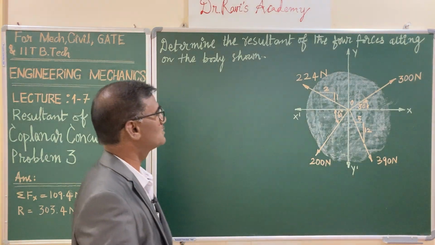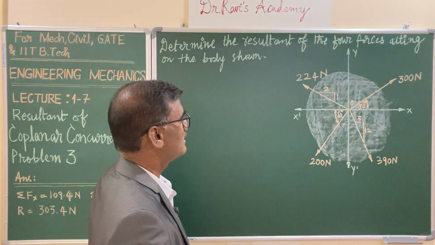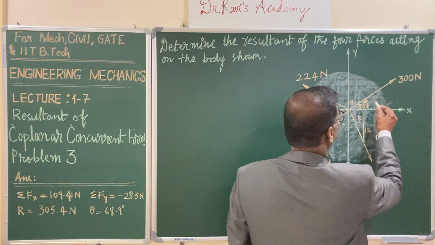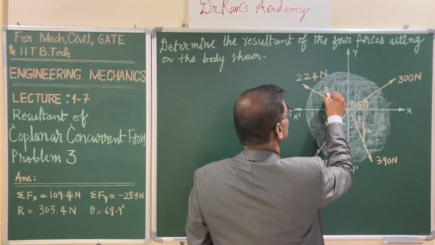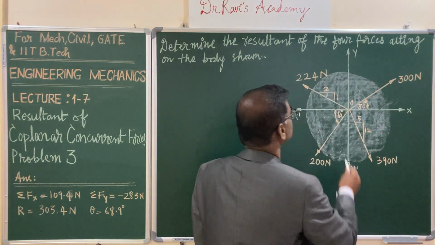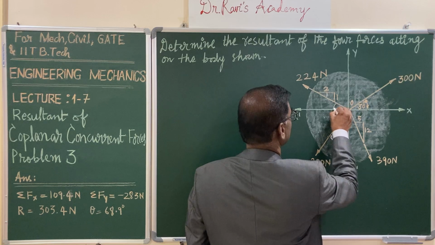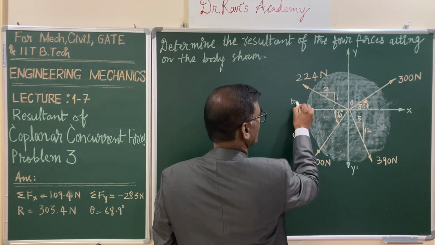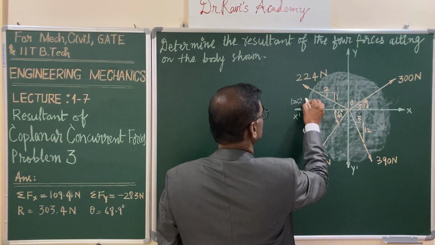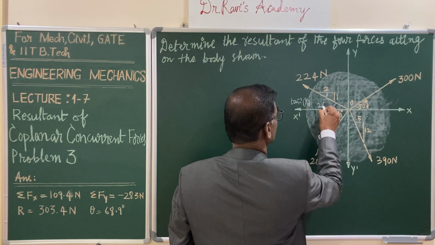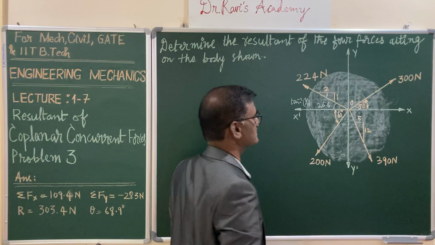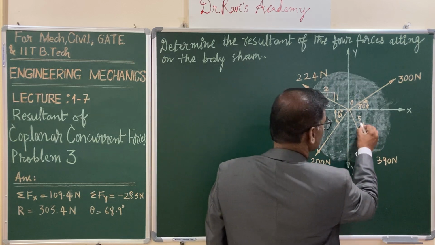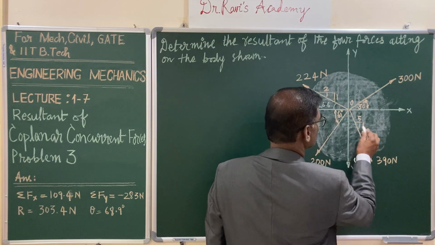Now, in order to do that, let us first see that the slope is given here, so you want to calculate this angle. This angle is tan inverse of 1 by 2, so this angle is 26.6 degrees. Let us look at the fourth quadrant force also, where the angle is given.